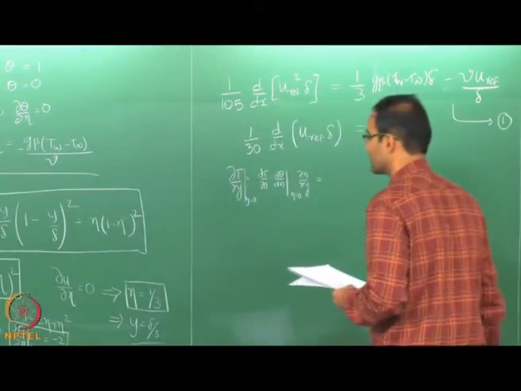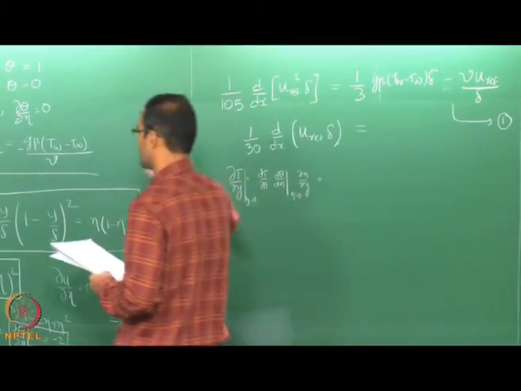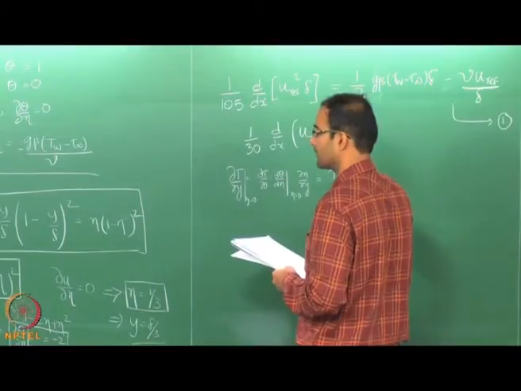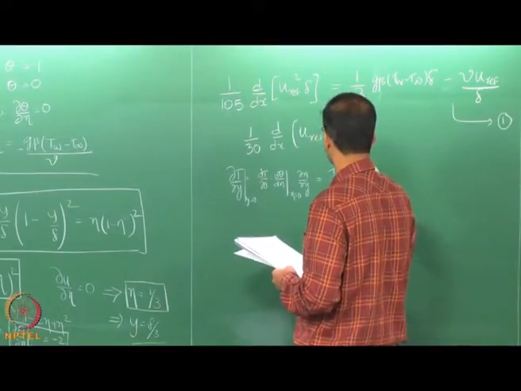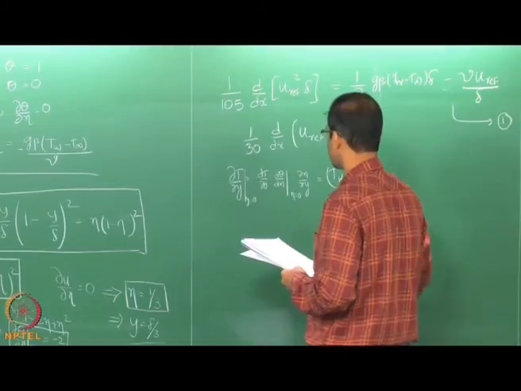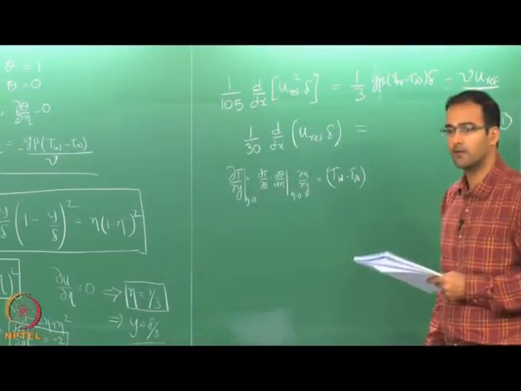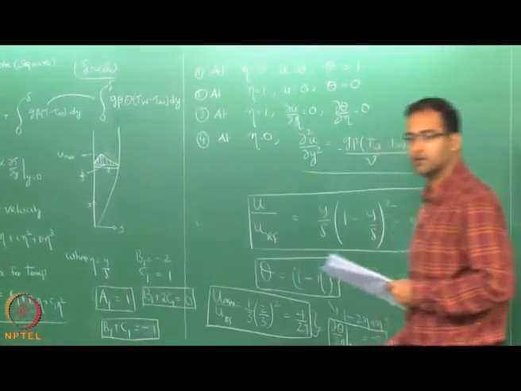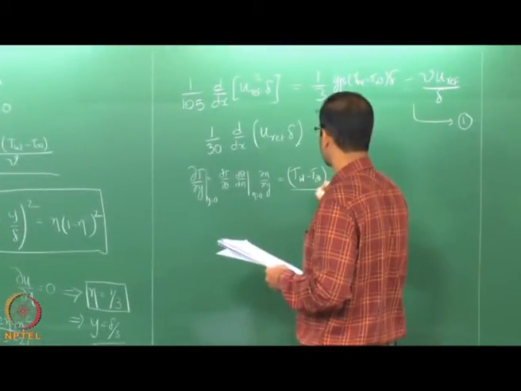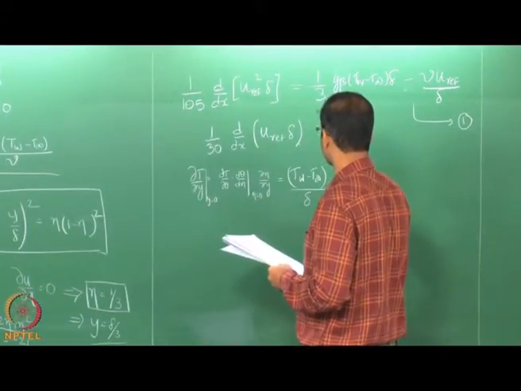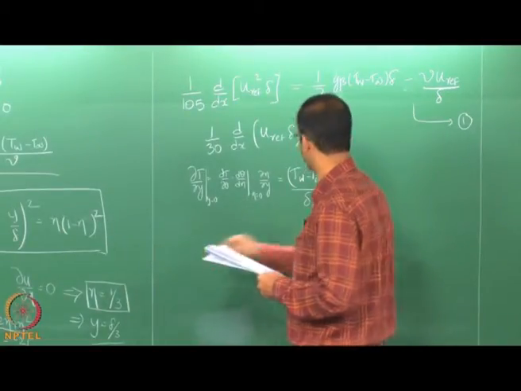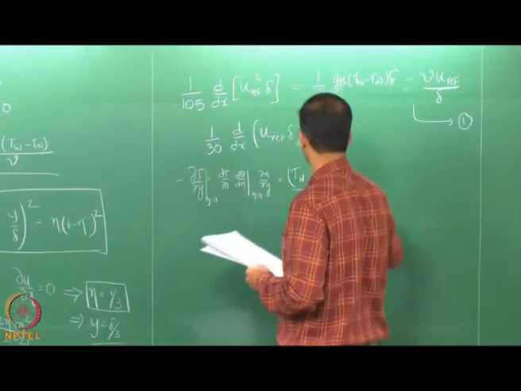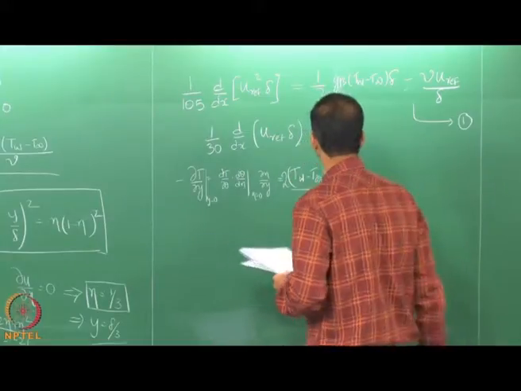From your definition of theta, dt by d theta is nothing but t wall minus t infinity. And what is d eta by dy? Eta equal to y by delta, so d eta by dy should be 1 by delta, into d theta by d eta, which is minus 2. So minus of this will become just 2 times.